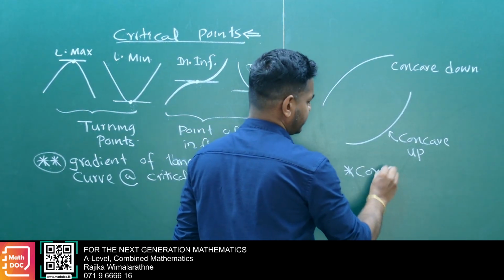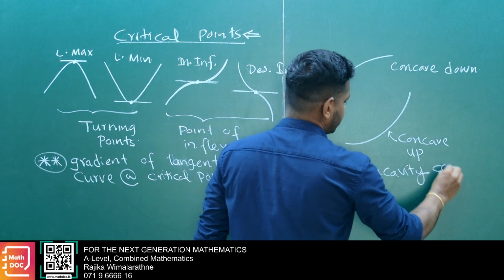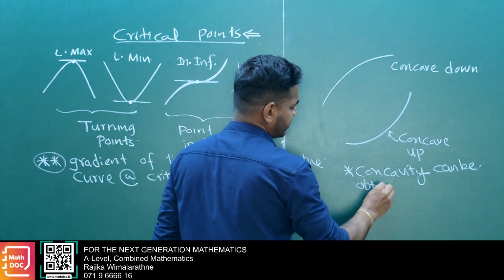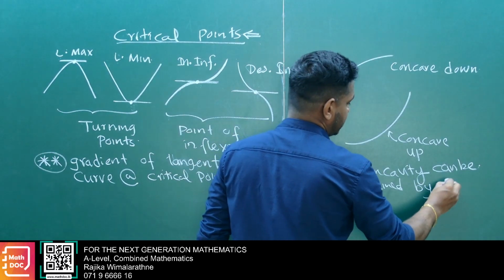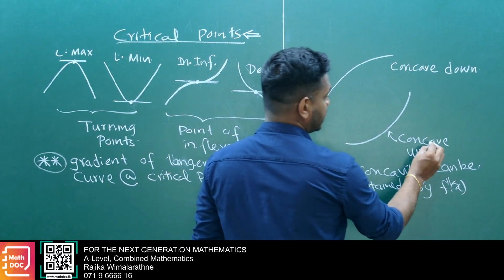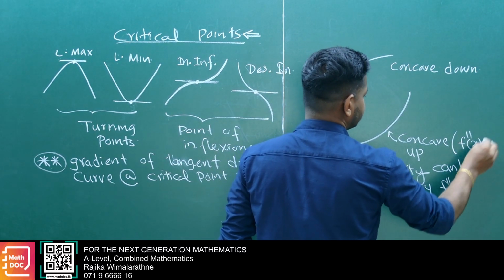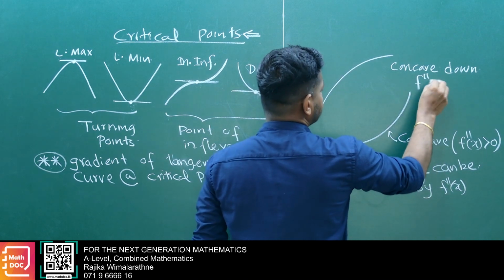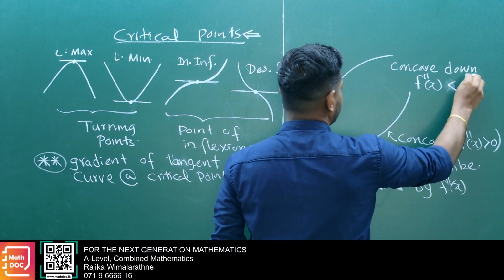Concavity can be obtained by f double dash x, the second derivative. For the concave up case, f double dash x is positive. For the concave down case, f double dash x is negative.